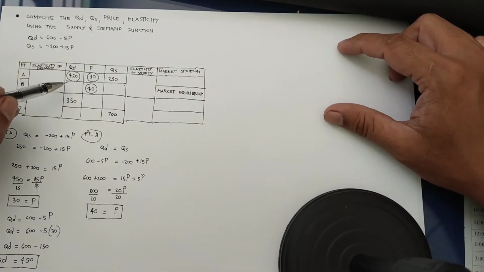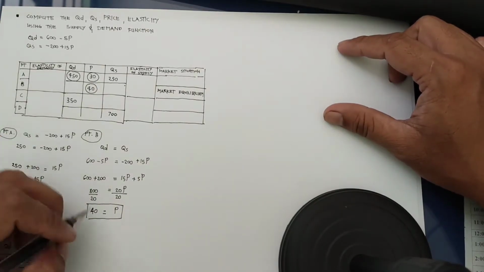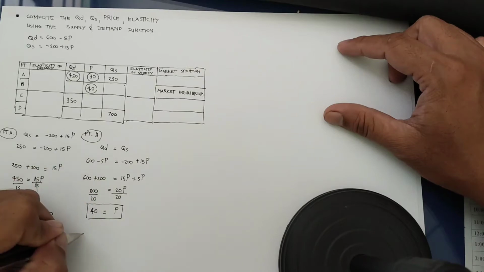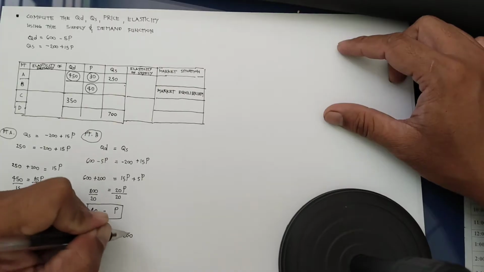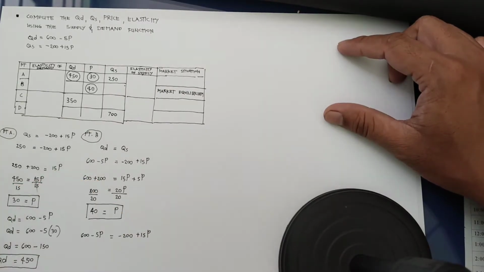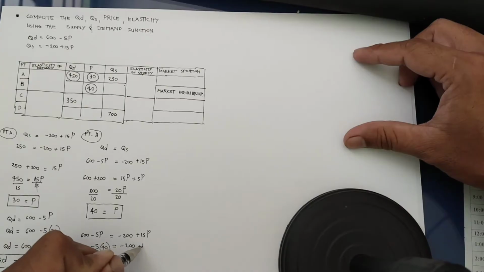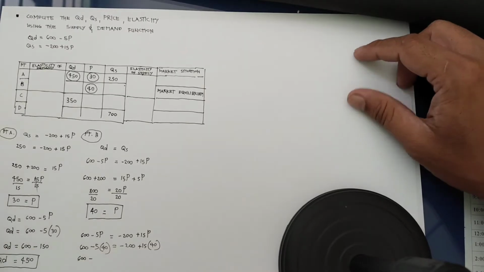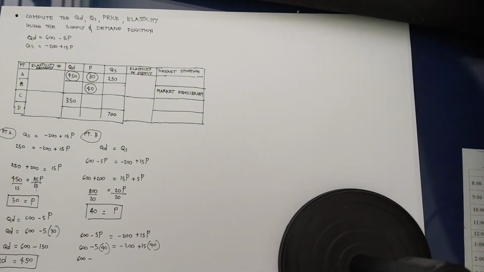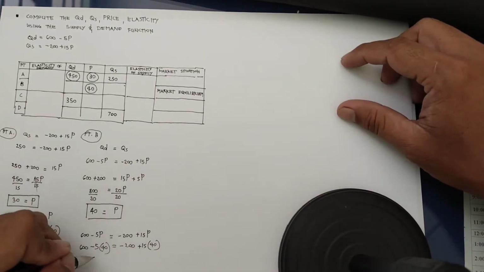Next is what is now our quantity demand and our quantity supply. Now we can use this one, still the same: 600 minus 5P is equals to negative 200 plus 15P. So 600 minus 5 times 40 is equals to negative 200 plus 15 times 40. 5 times 40 is equals to 200.